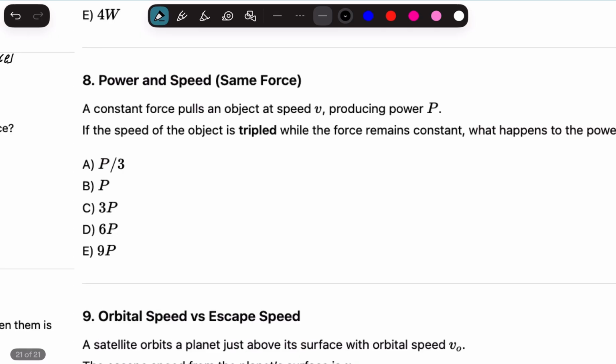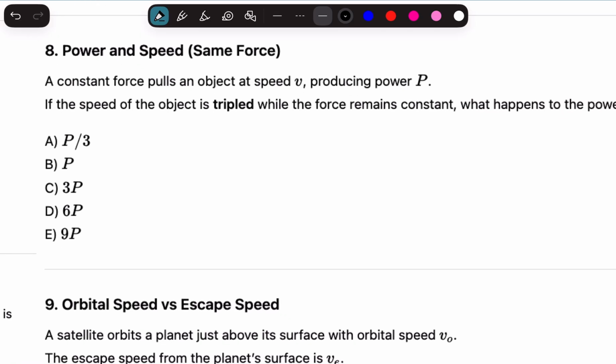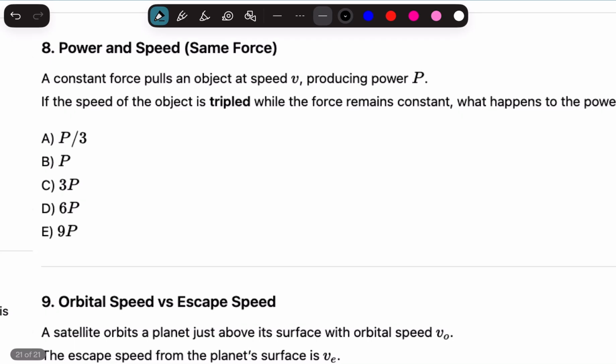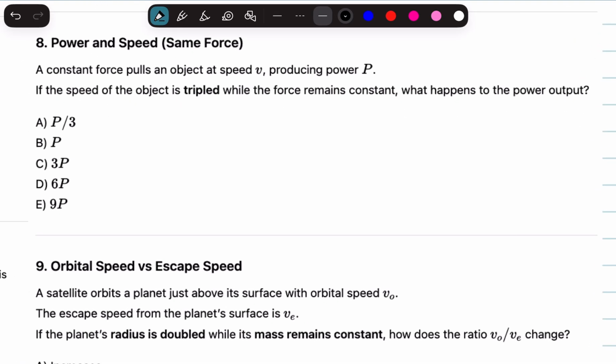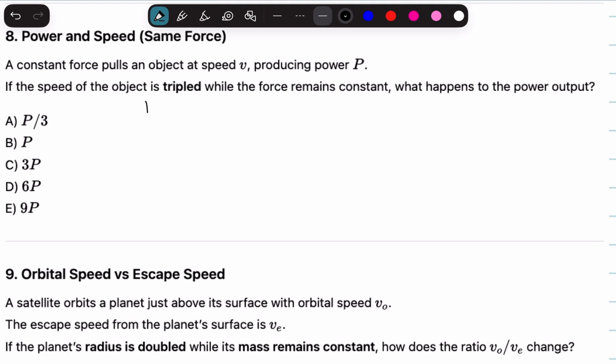Let's say we have a question about power and speed with the same force. A constant force pulls an object at speed v, producing power P. If the speed of the object is tripled while the force remains constant, what happens to the power output? So we know that power can be written as P is equal to F times V, and force is going to be parallel to V, and also force is going to be constant.